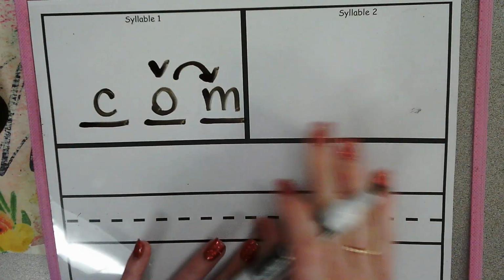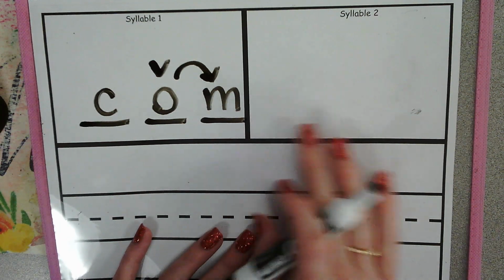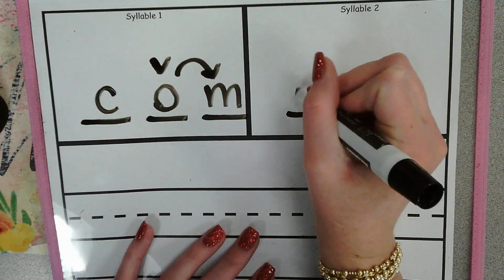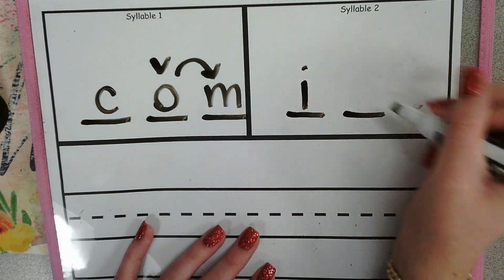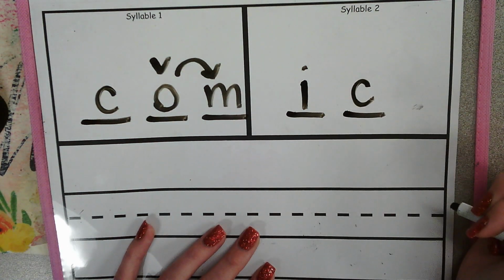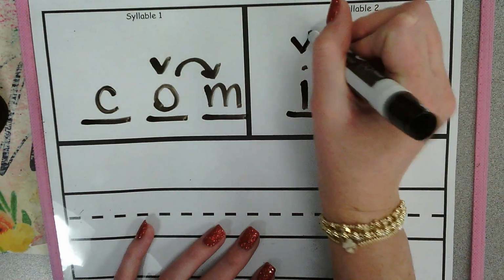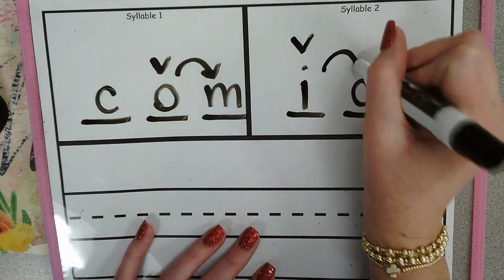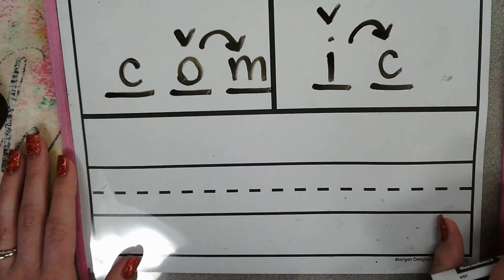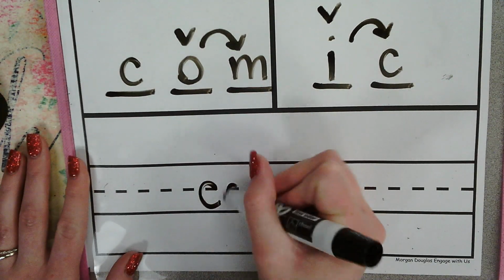Com. All right, the second part of my word is ick. Okay, I heard a short I, and then the k sound, a C. The vowel in this word is the I, and because there is a consonant after the I, it is making its closed sound. So I can come down here and combine it.